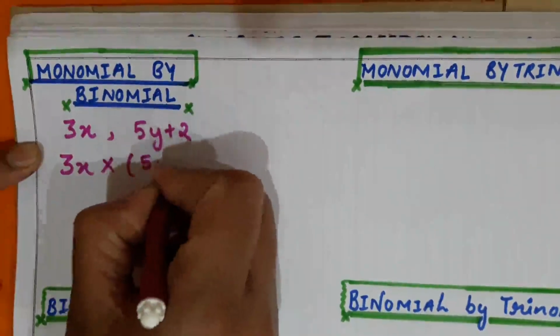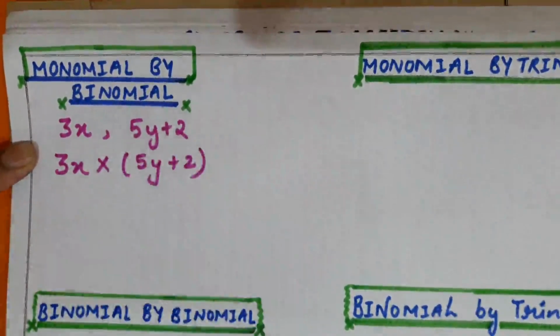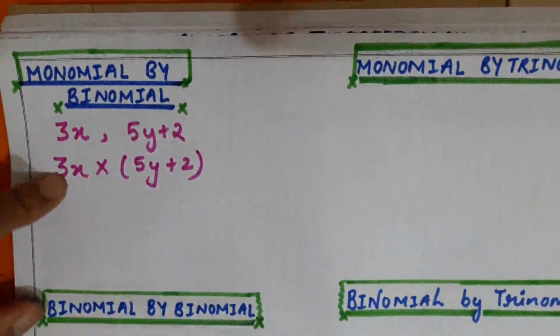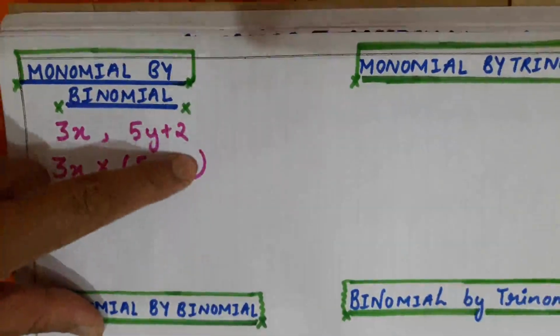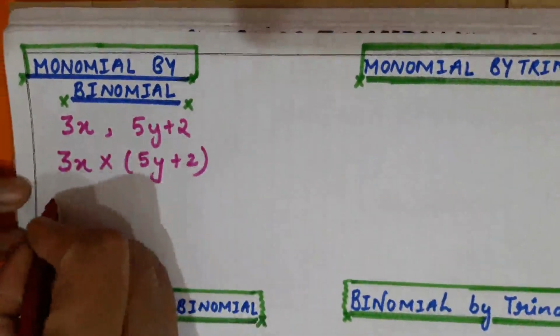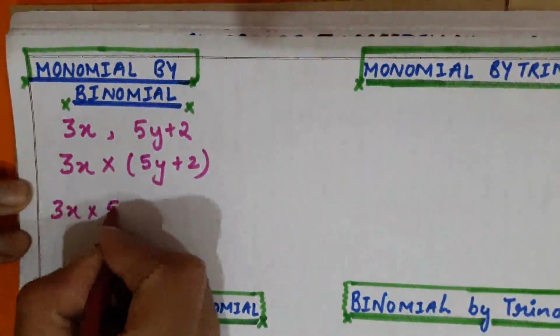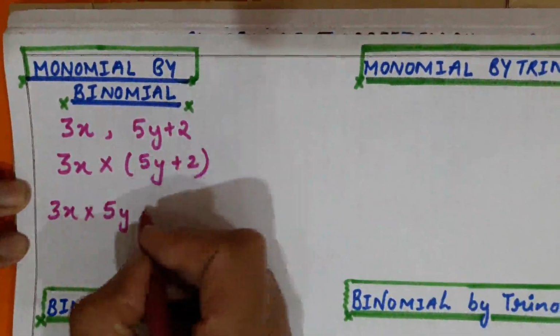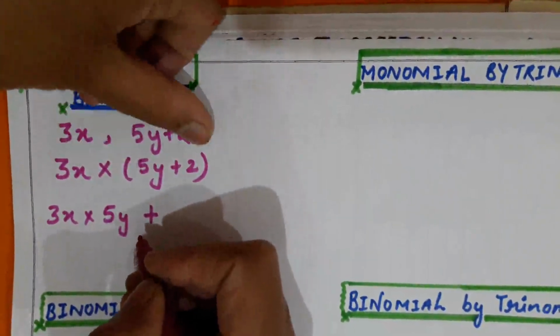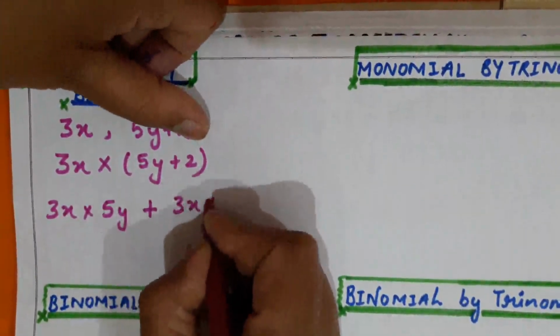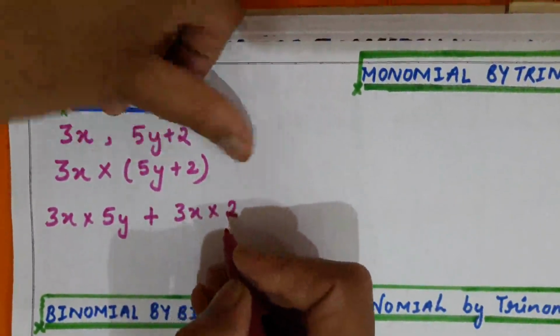I'm using a bracket. This 3x will multiply with 5y and this 3x will multiply with 2. So 3x multiplied by 5y, then a plus sign, then 3x multiplied by 2.